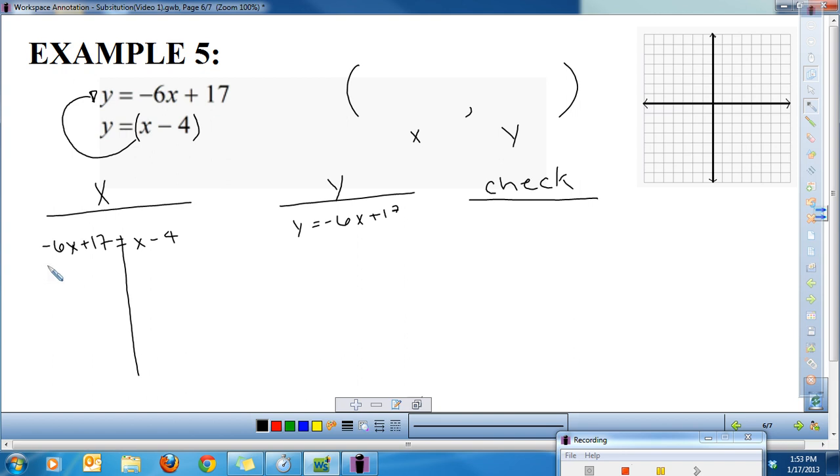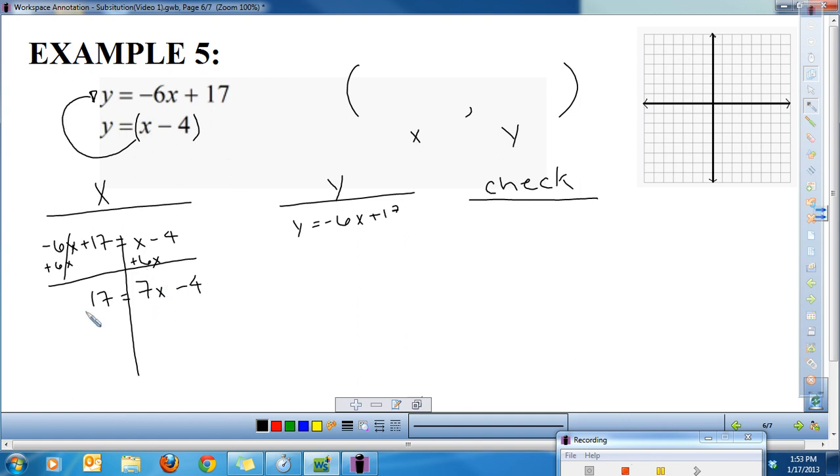First, I'm going to get my x's together, so I'm going to bring this 6x to the other side. As a little reminder, I'm bringing over the entire thing, 6x. And remember that you're only combining your like terms. So these cancel. I'm going to bring down my 17 equals 7x minus 4.